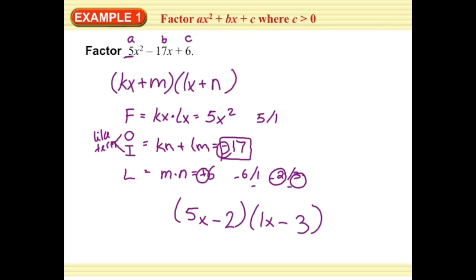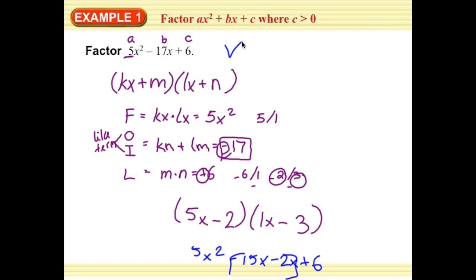So if I look at that function and I check my work, I should be able to FOIL this now and say 5x times 1x is 5x squared. Outer terms is minus 15x minus 2x, and then plus 6. Minus 15x and minus 2x is minus 17x. So I have the same function I started with, which is exactly what I need.